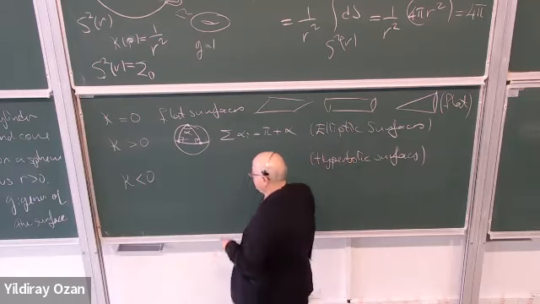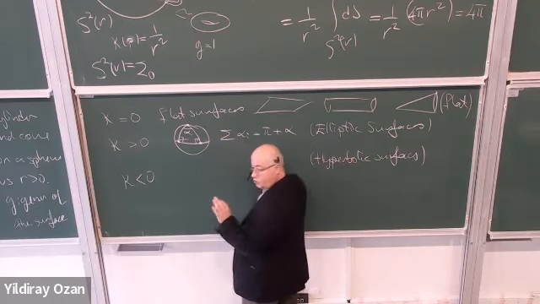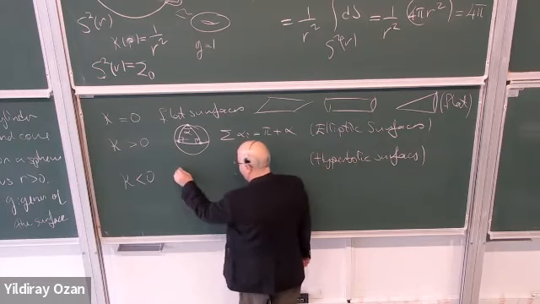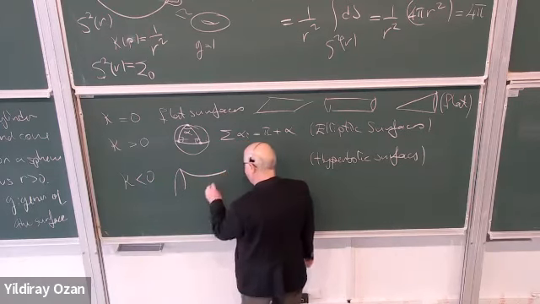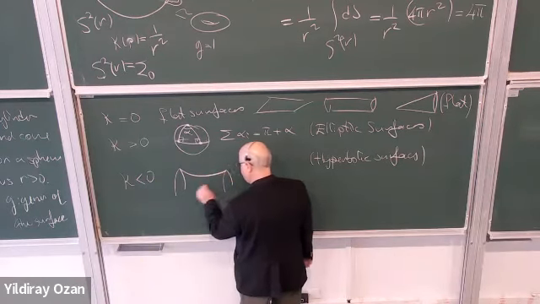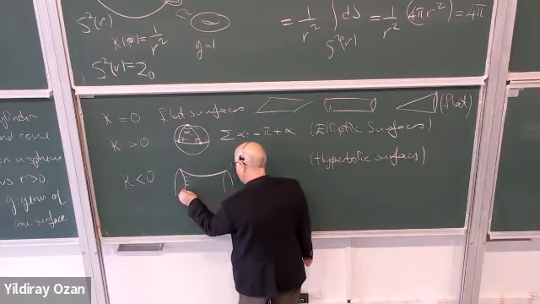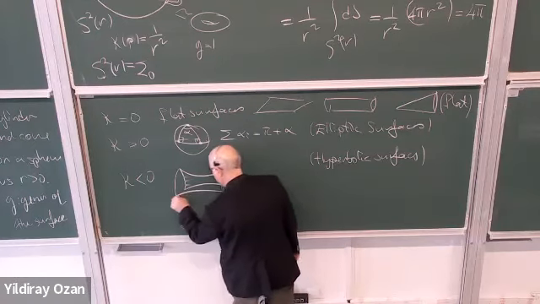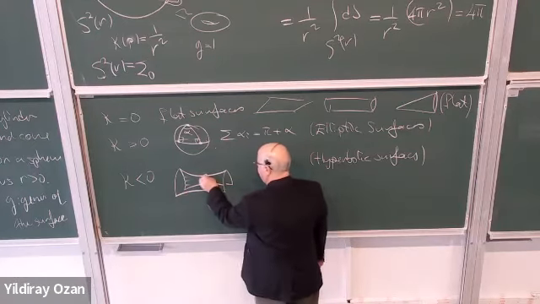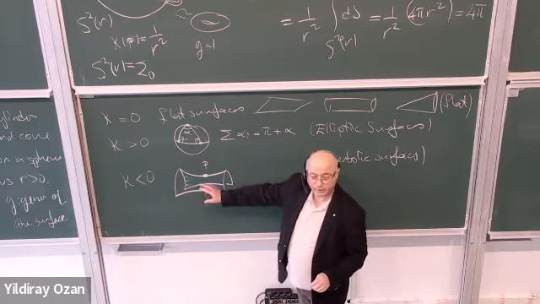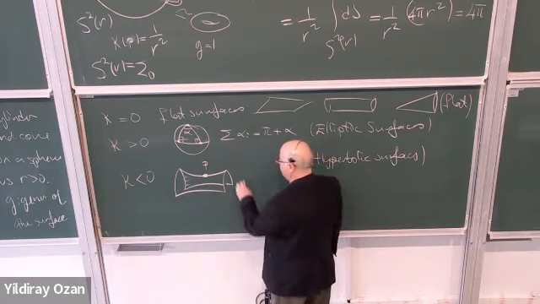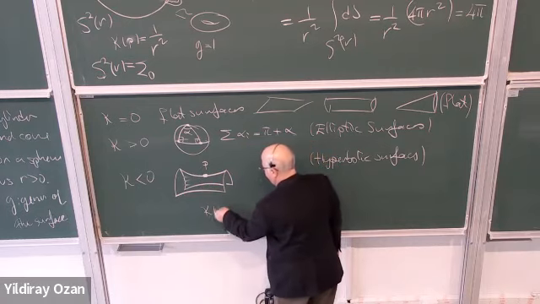But locally, a point where the curvature is negative looks like this, a saddle surface. If you measure the curvature at a point like this, the curvature is negative. K_p is negative.